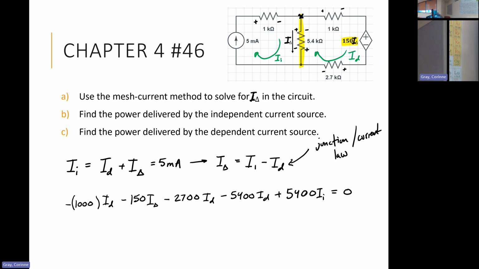So if we're using the mesh, we want to keep the good practice of saying that we have the two we need to consider. But in this case, that is a defined value, which is I delta.